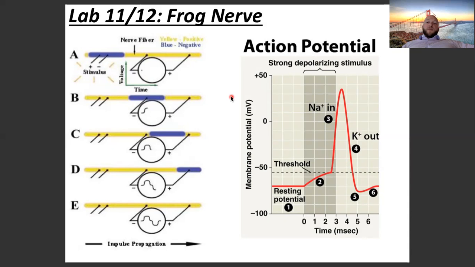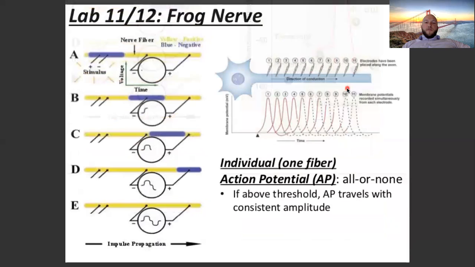This next part's really important. Every single time an action potential happens, a signal is sent down that axon, the electrical reading looks something like this. And every single time, the amplitude of that change is the exact same. I'm going to repeat this. You can see right here.